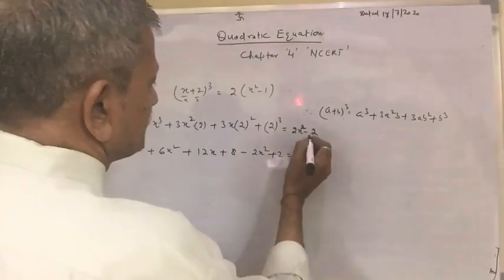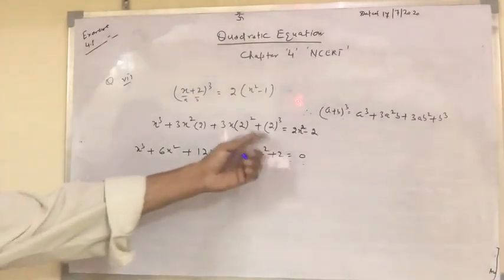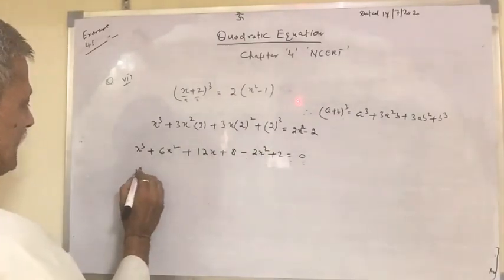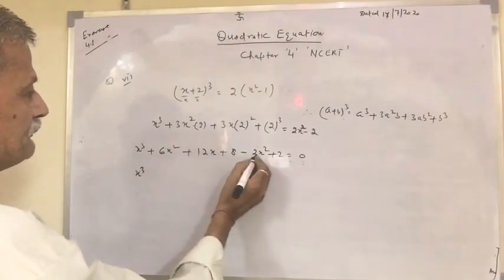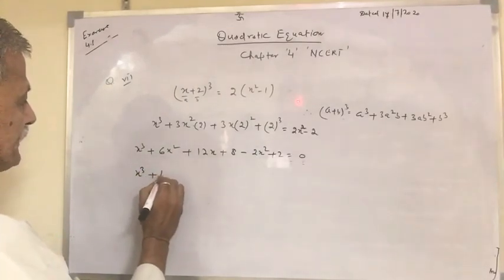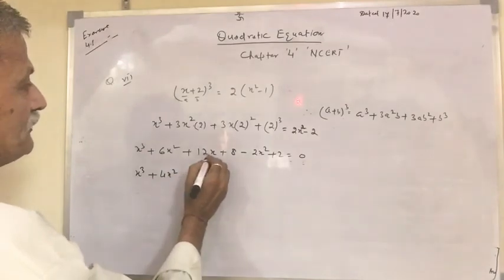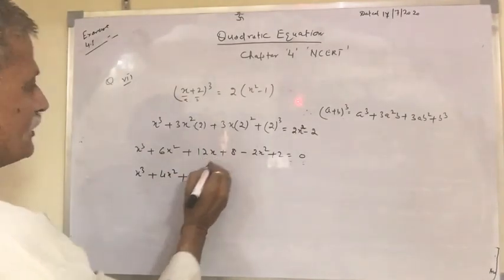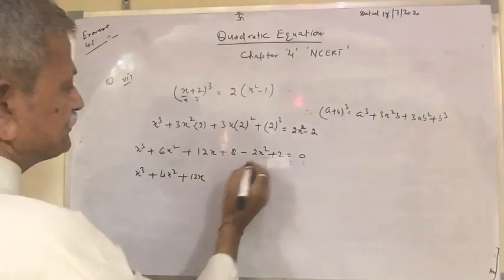So I will transfer the whole part to the left hand side. So you would find 6x square minus 2x square will leave 4x square, 12x as it is, and 8 plus 2 is your 10.